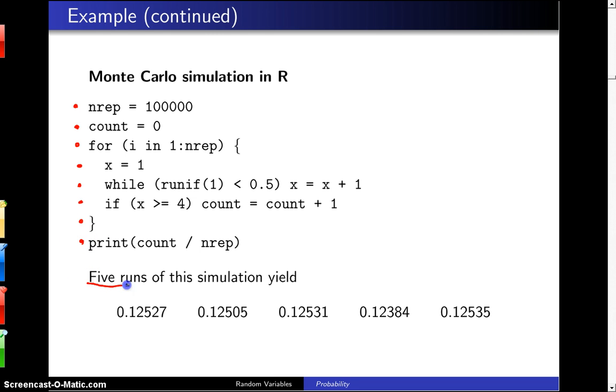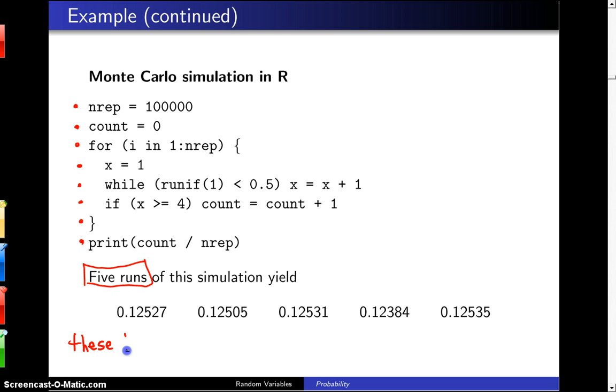I ran that 5 times, and here are the results. I got 0.12527, 0.12505, 0.12531, 0.12384, and then 0.12535.